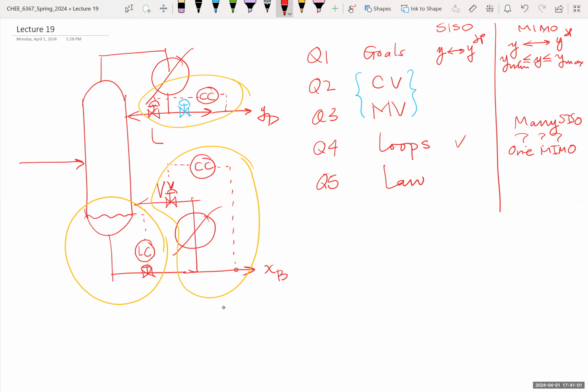So let me draw this. Would you take all of these measurements, this measurement here, this measurement here, this measurement here, take them to a controller, essentially a computer, that would generate commands and send these commands to the corresponding variables?